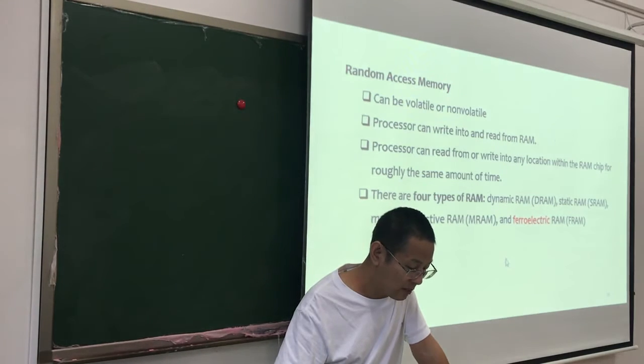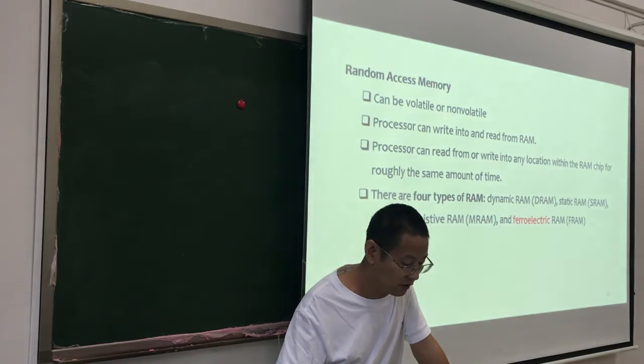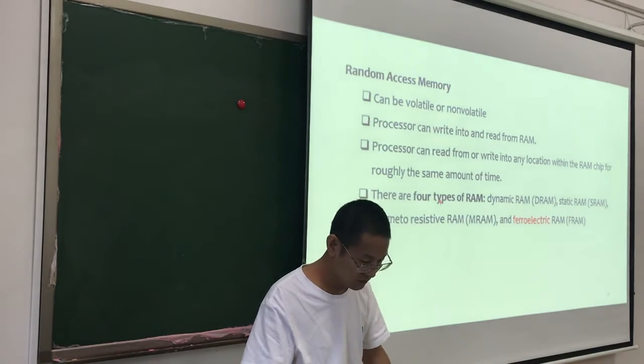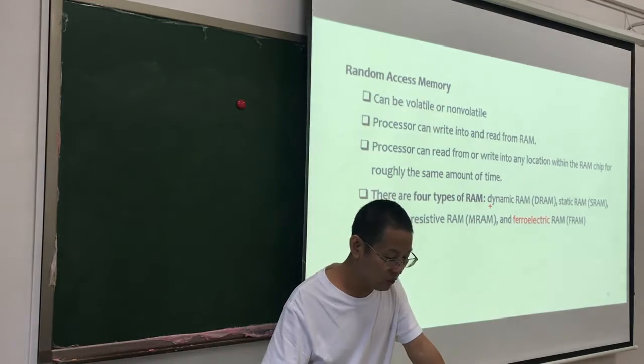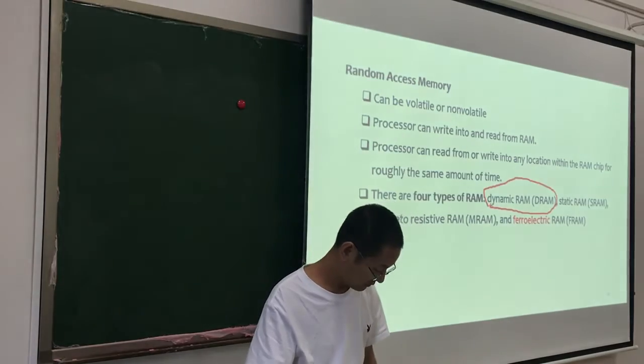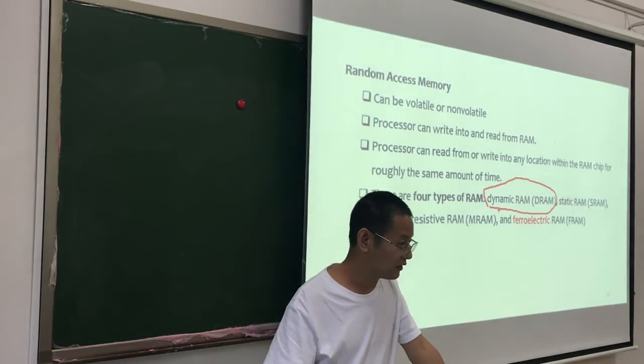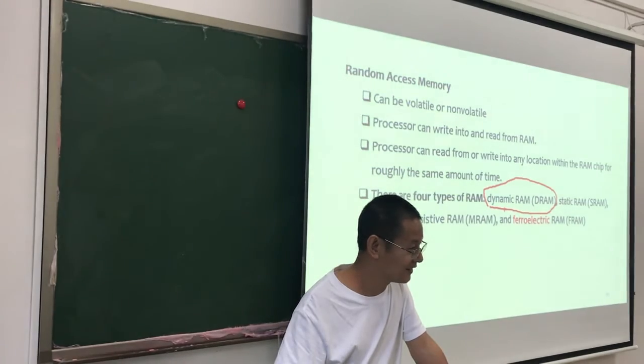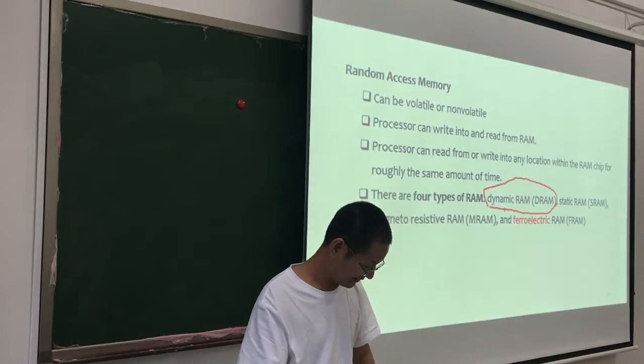There are 4 types of RAM: dynamic RAM, static RAM, magnetoresistive RAM, and ferroelectric RAM. Mostly we use dynamic RAM, which we can change anytime.